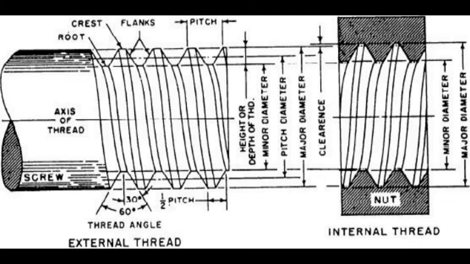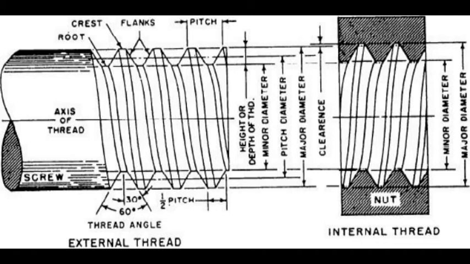When added to the pitch diameter, the cumulative effects of deviations from specified profile for a specified length of engagement gives the functional diameter. So this is the clear cut information about screw thread terminology and nomenclature. Okay, so I hope everyone understands this concept.